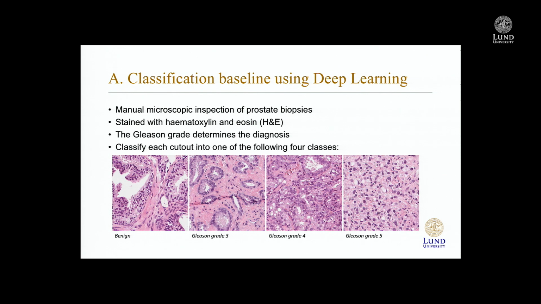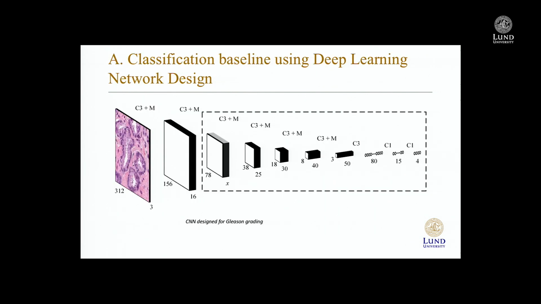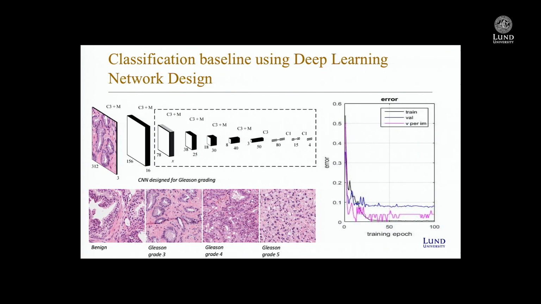We made several different attempts earlier on using traditional, older machine learning techniques, but a few years ago we did it using deep learning. So basically you throw in an image of a specified resolution, and then you have a deep learning network with lots of weights, which you try to figure out what they should be, and you end up with 4 numbers, one for each of these 4 classes.